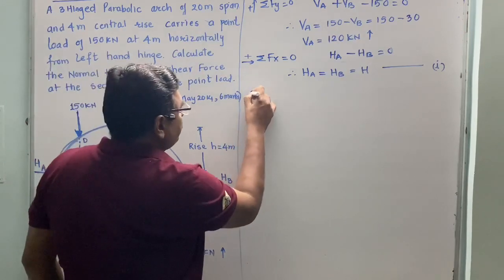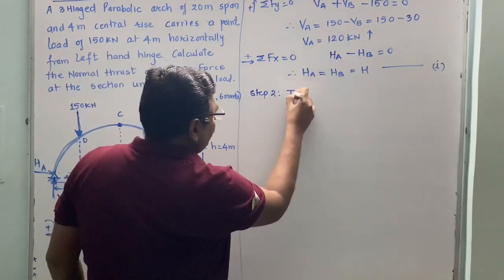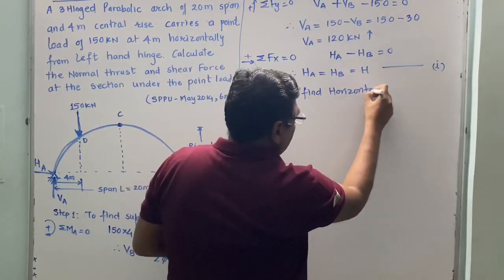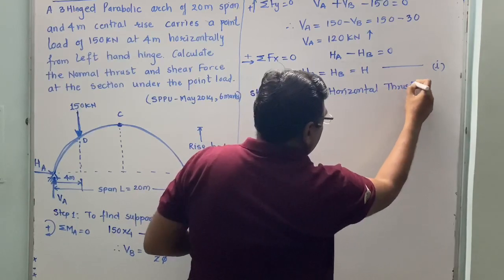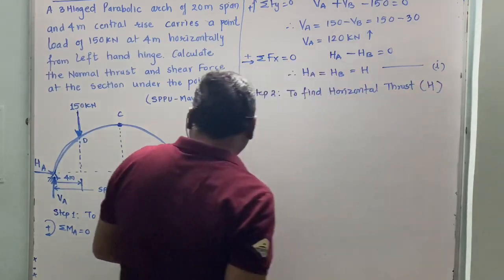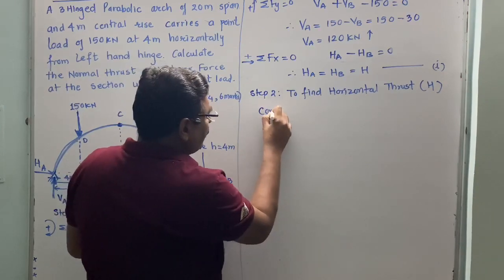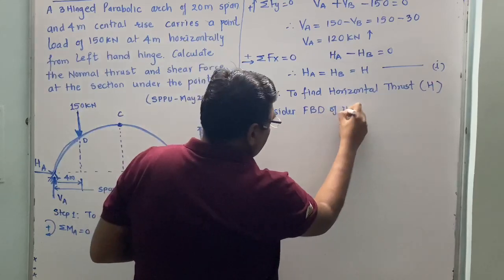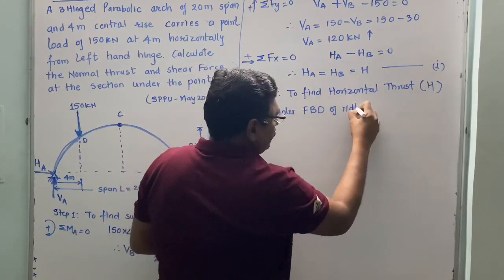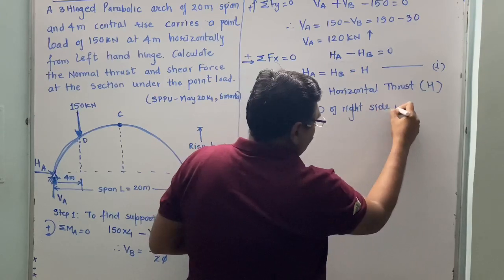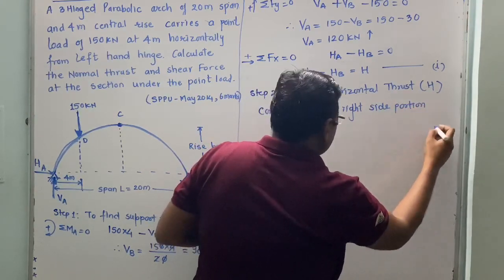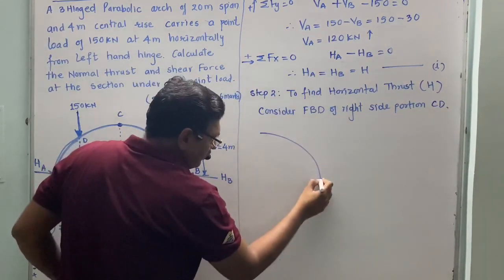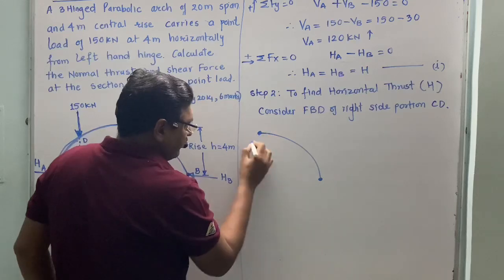Now step number 2, to find the horizontal thrust H. We will consider the FBD of the right half part, that is CB.